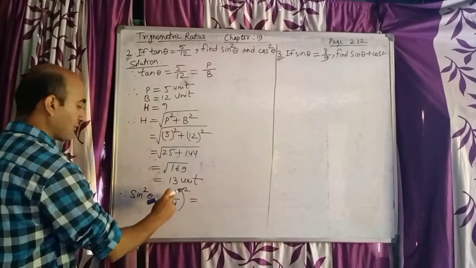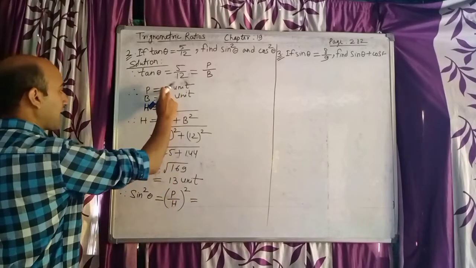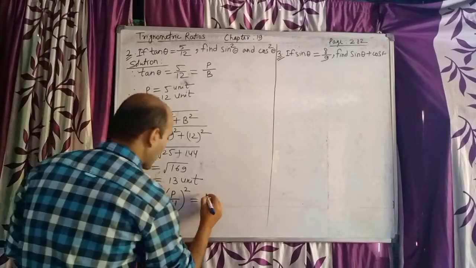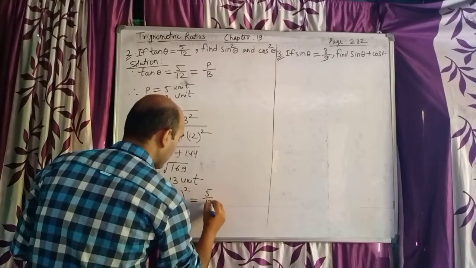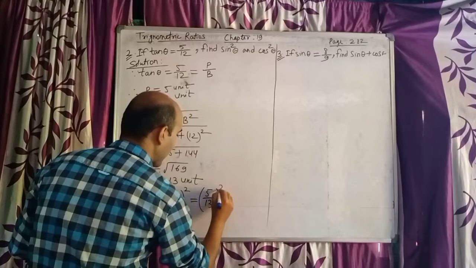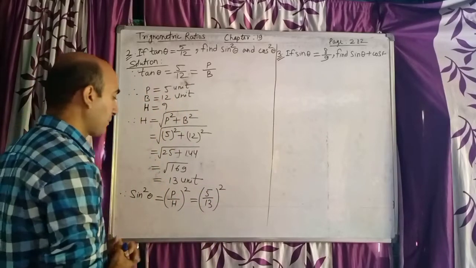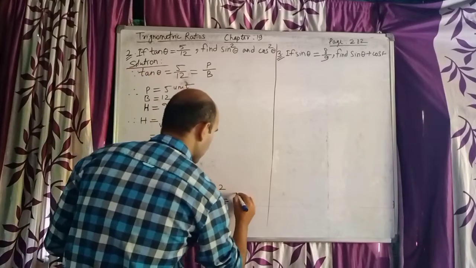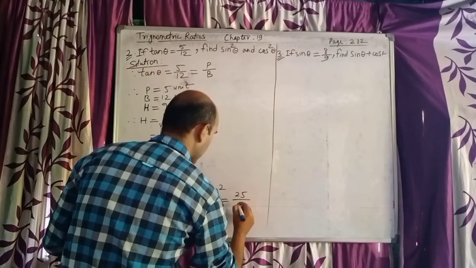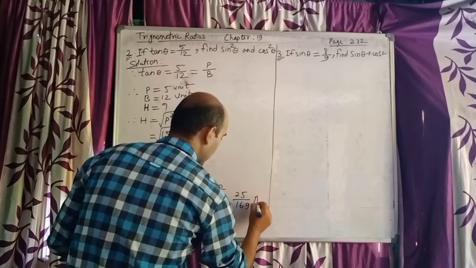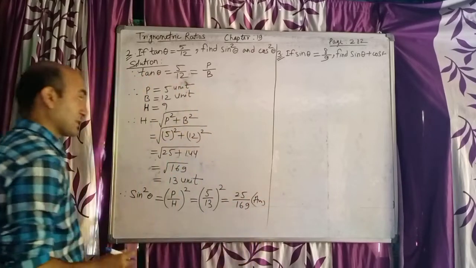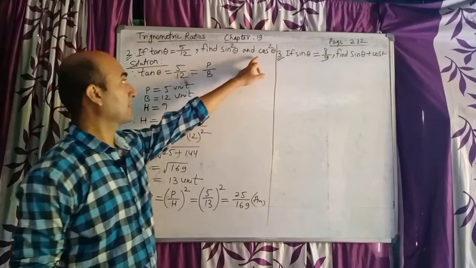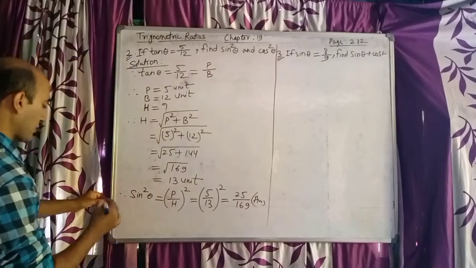Now put the value of p and h. P is 5, h is 13. So you can write 5 by 13 whole square. Don't forget, children, we have square on the power. Now 5 square is 25, 13 square is 169. This is our answer.